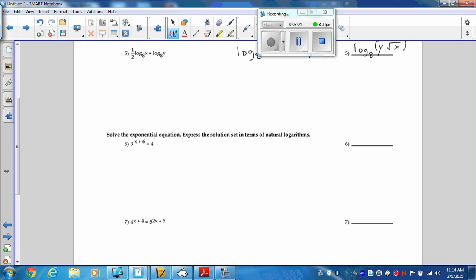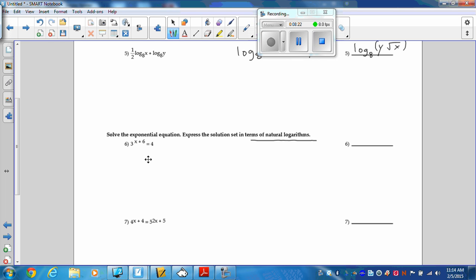Okay, number 6. We're supposed to solve this expression and leave our answer in terms of natural logarithms. So the directions are like this so that you don't have to necessarily use your calculator to do that.